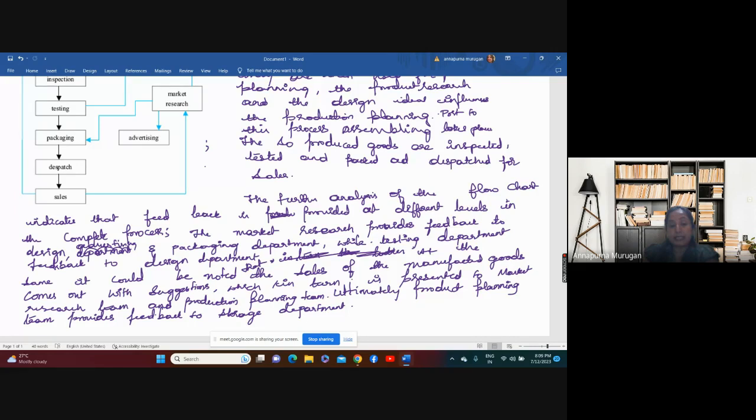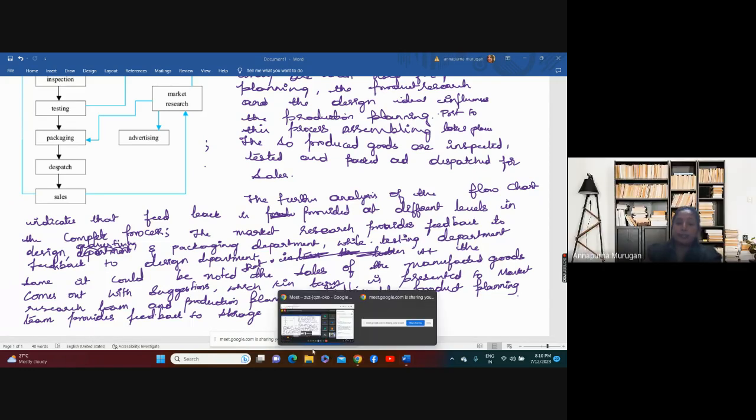Because I don't want to use the same word feedback, suggestions are nothing but feedback. You can use the word respectively. Ultimately, the production planning team provides feedback to storage department. Okay. So this is our second body paragraph. Now, did you guys understand this?